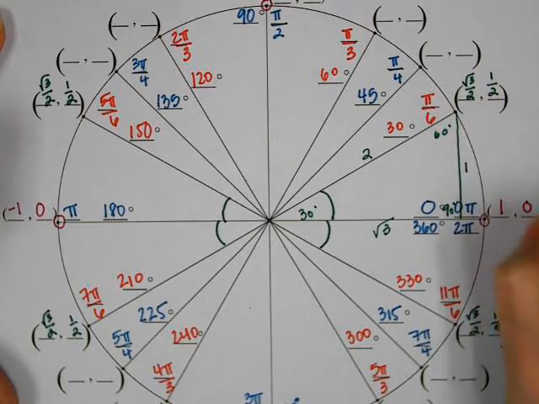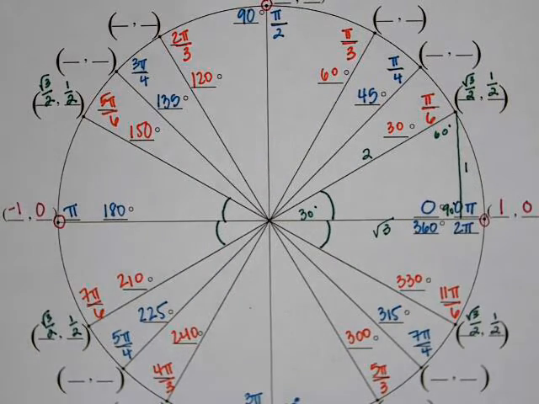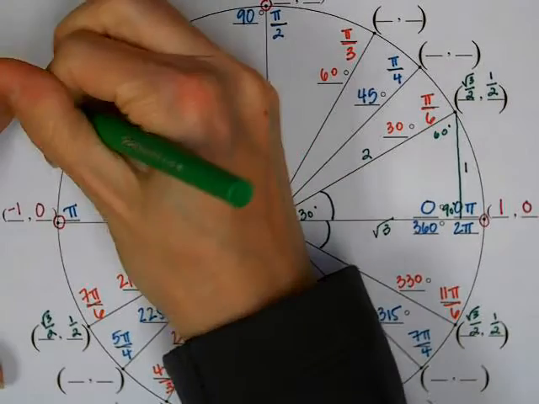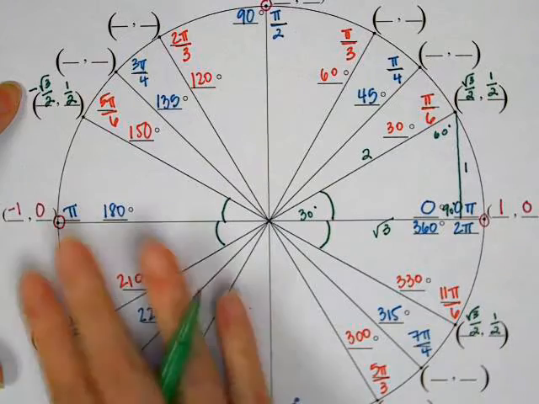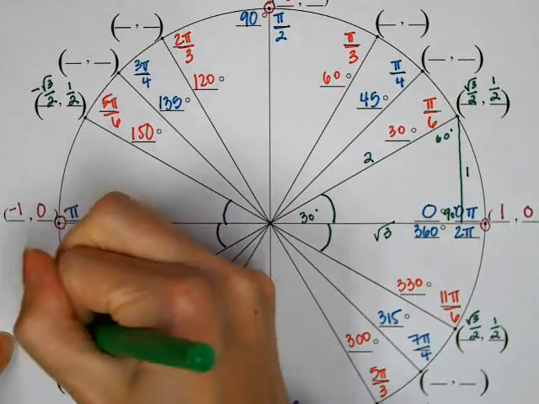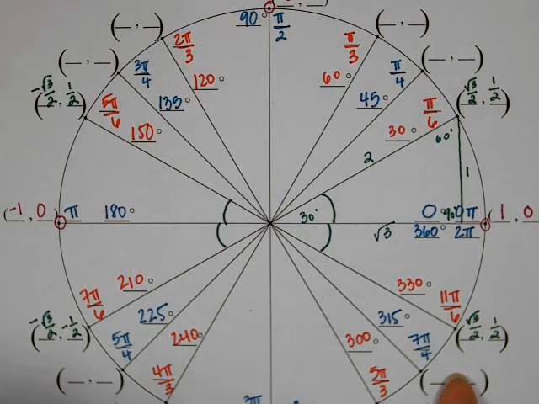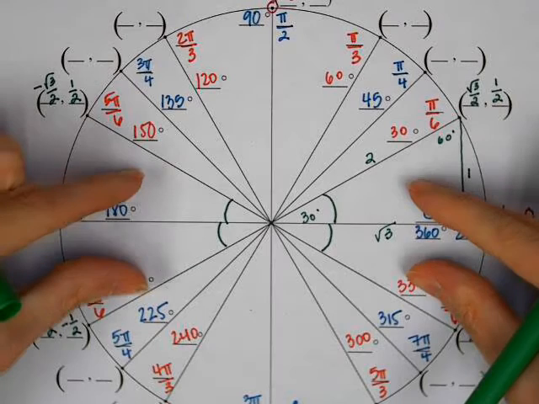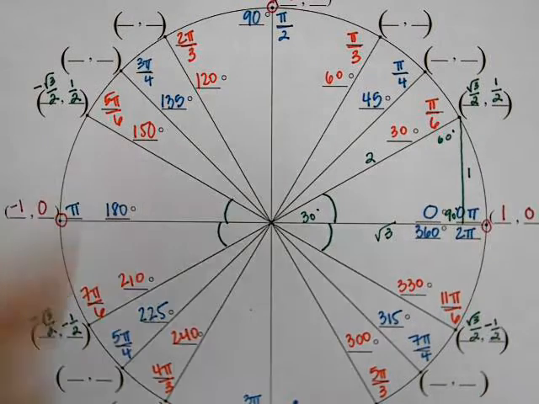They're all the same. Now, sometimes they're negative, though. So in the second quadrant, the x is negative. In the third quadrant, they're both negative. And in the fourth quadrant, the y is negative because it's going down. Okay, so that covers all the 30-degree reference angles.